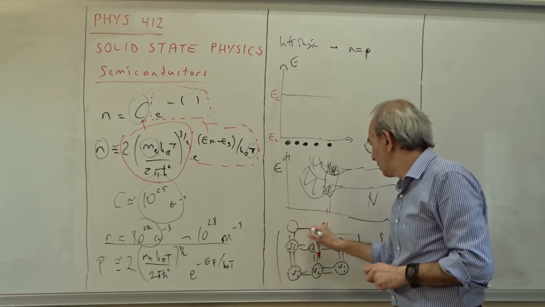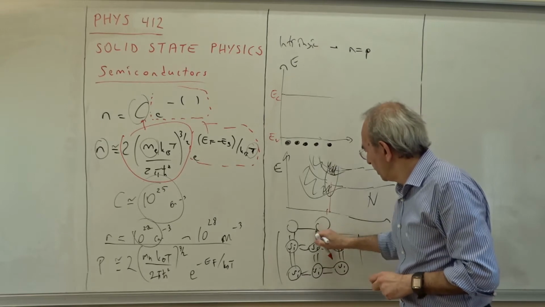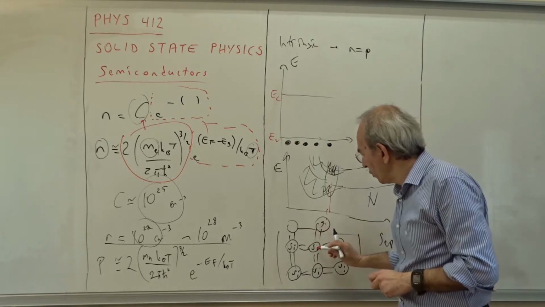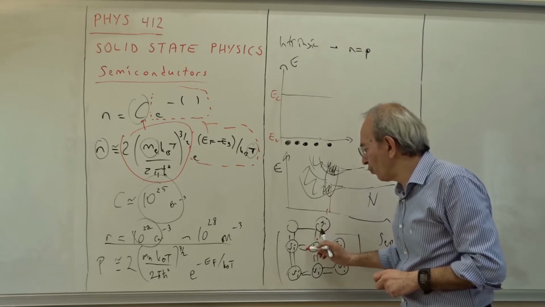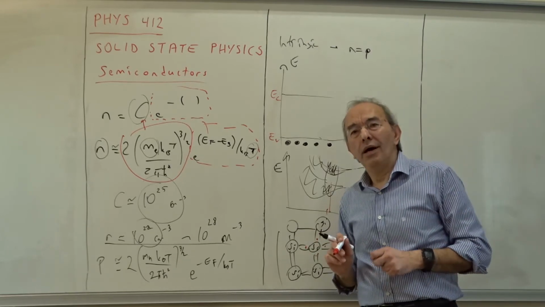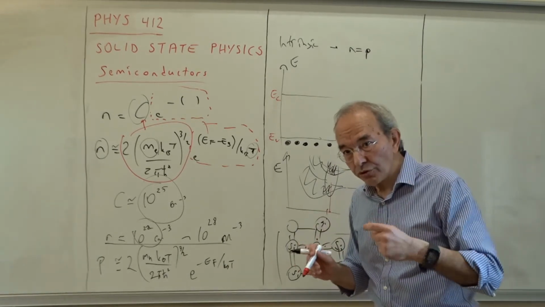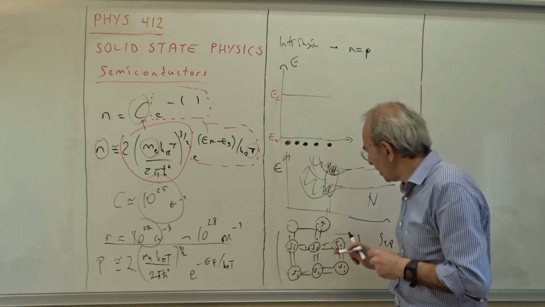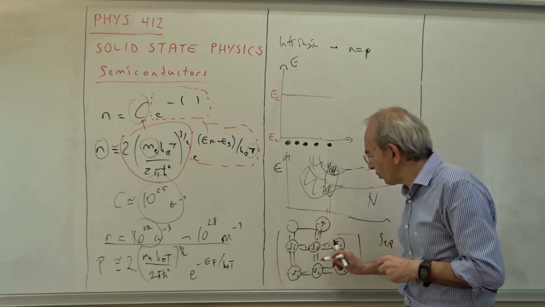Let me show just one typical one. Let's finally draw this picture. So this silicon atom has 1, 2, 3, and 4 outermost electrons. On the other hand, the others have also the same picture, same behavior, so that, for instance, this one has that electron instead of that.